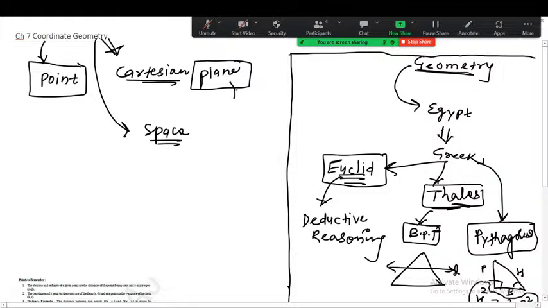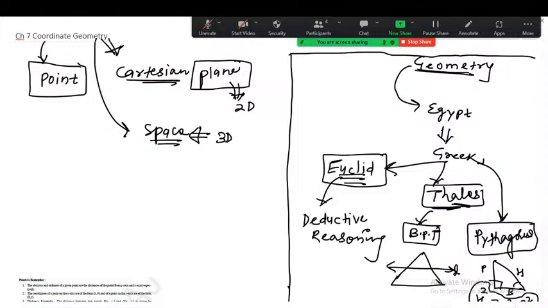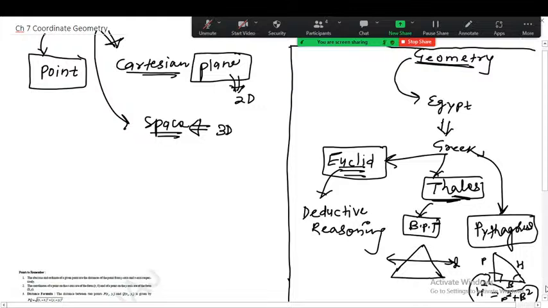That means two-dimensional geometry. In higher classes, we will be discussing points in space, lines in space, and there we will discuss three-dimensional geometry as well. As we are discussing points and how to locate a point, and that is why there is a need for coordinate geometry, we should understand what we actually do to locate a point, to represent a point.